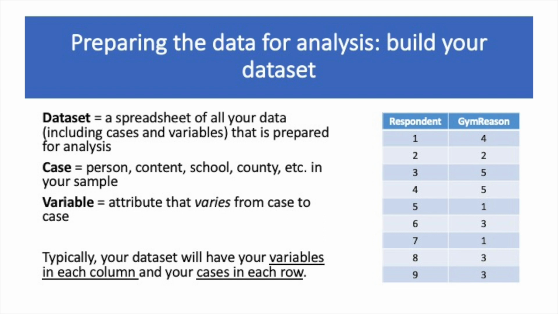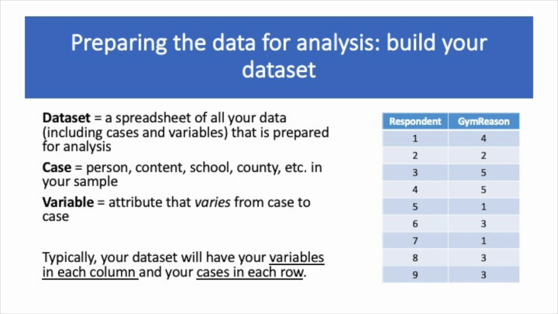That would be my variable based on that item in the questionnaire. So here I have each respondent, each participant in the study, numbered. And beside their number is the corresponding response that respondent gave for the variable gym reason.